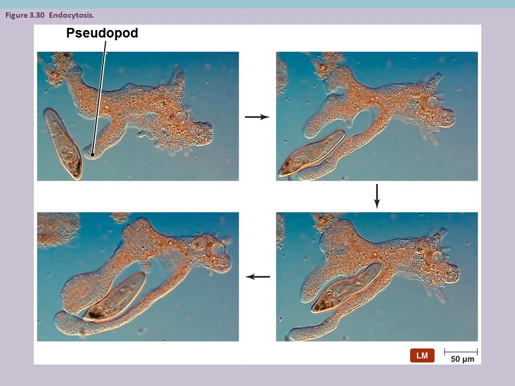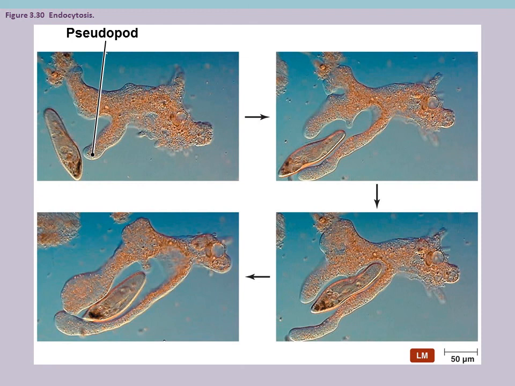There are different ways that cells can move and take in substances. This is showing endocytosis, which is a way of moving things into a cell. So you can see here the amoeba and the pseudopods, these arms, which is often how protozoans move. In the upper left, it notices what looks like a paramecium that's unfortunately going by, and the pseudopods, those extensions of the cytoplasm, kind of flow out, and they're starting to reach around in the upper right picture.